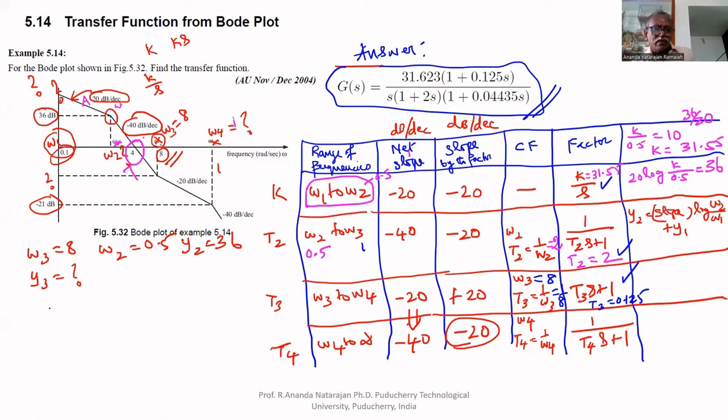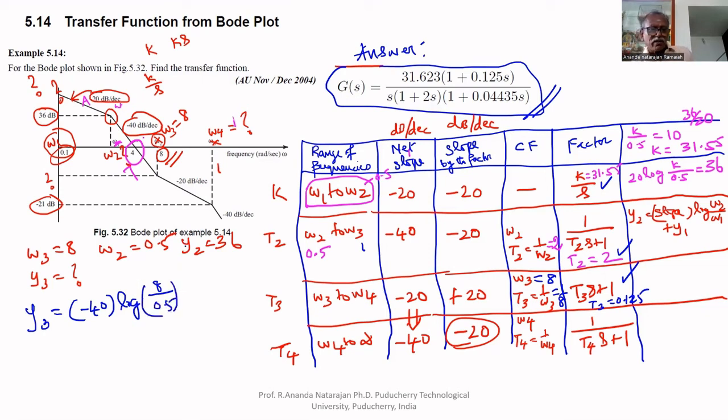Y2 we know. Therefore, y3 equal to slope. What is the slope of this line? Minus 40 dB. Minus 40 log omega 3 is 8, omega 2 is not 4, it is 0.5.